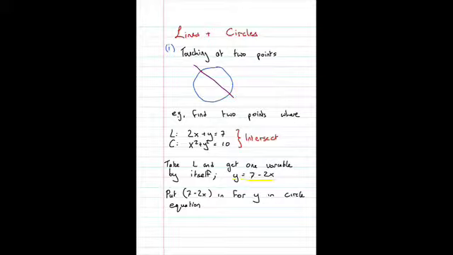You have to know how to find out where two lines meet. They're pretty important, and you'll have to know when to use them. It's the same thing here: we use simultaneous equations to find out where a circle and a line meet.